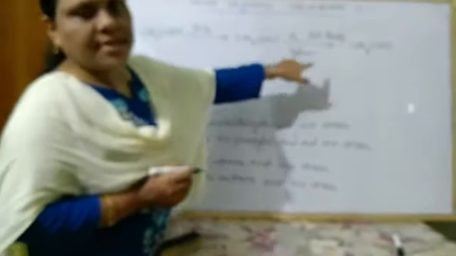Another method also you can write. When acetic acid reacts with calcium hydroxide, it forms calcium acetate, and a mixture of calcium acetate and calcium formate gives acetaldehyde. Okay, again acetic acid to acetaldehyde and vice versa, from acetaldehyde to acetic acid.